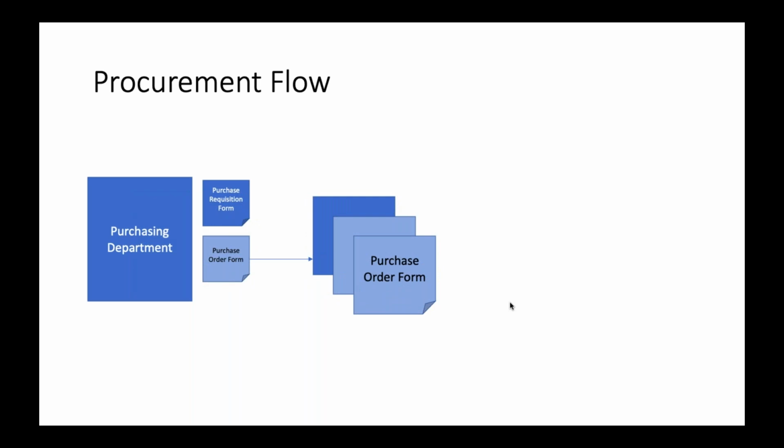And then the purchasing department holding the purchase requisition form will prepare a purchase order. The purchase order are normally prepared in quadruple. The original one will be forwarded to the supplier.